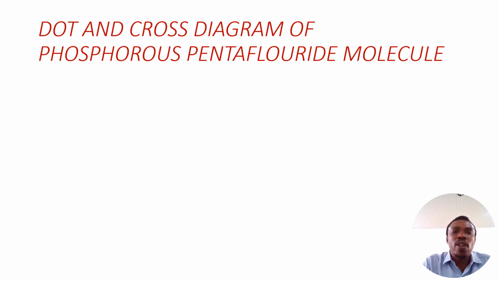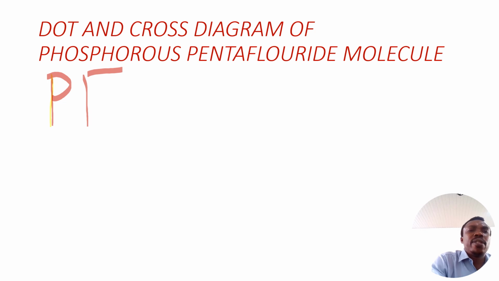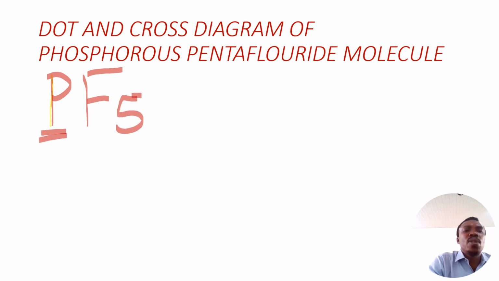The formation of covalent bond is between atoms of different elements. This molecule contains 1 atom of phosphorus and 5 atoms of fluorine. So it's as simple as ABC.